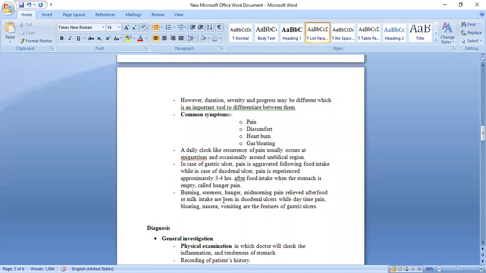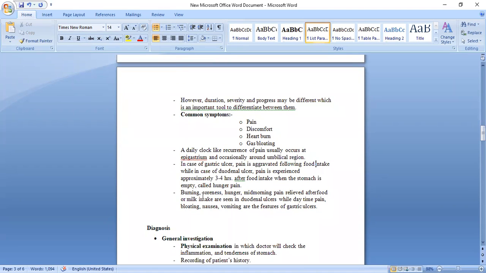Burning, soreness, hunger, mid-morning pain, relieved after food or milk intake are seen in the duodenal ulcer. If the pain is there and we have food or milk, it relieves the pain.